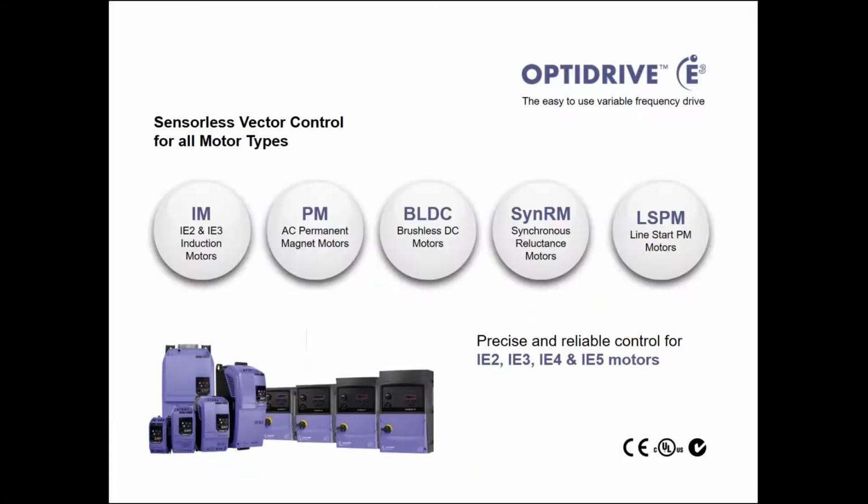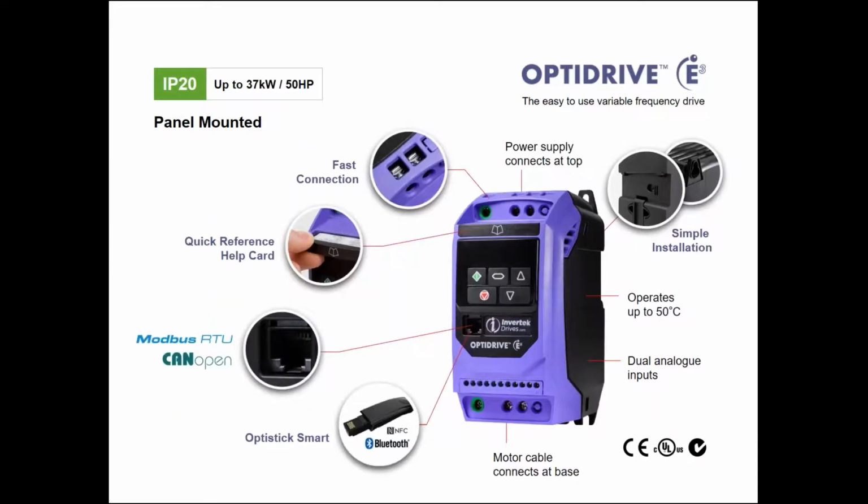I will skip this. This is the same I told you before. One of the key features of the Optidrive E3 drives is the connectivity. In this RJ45 port, you have two protocols. You have Modbus RTU and you have CANopen.